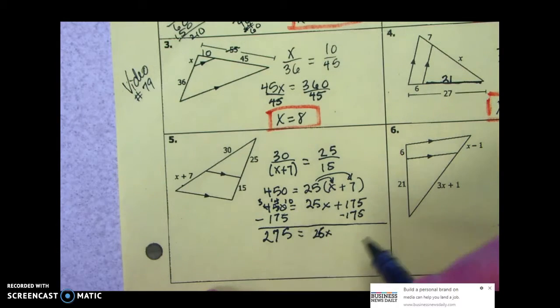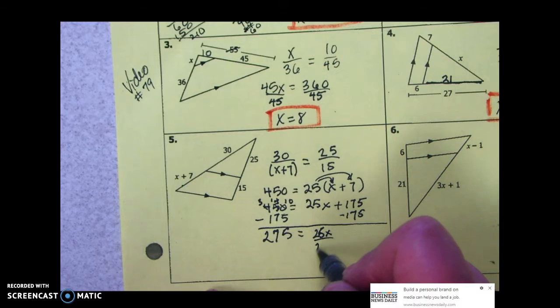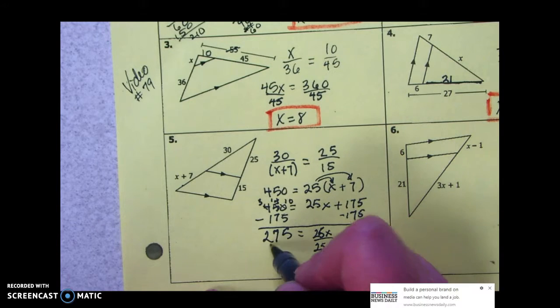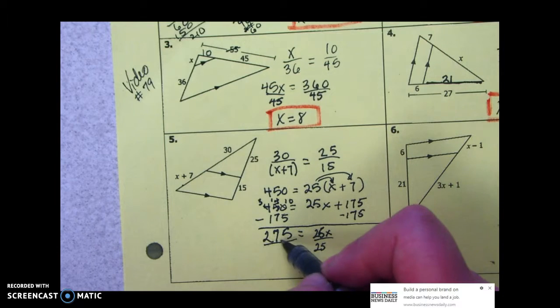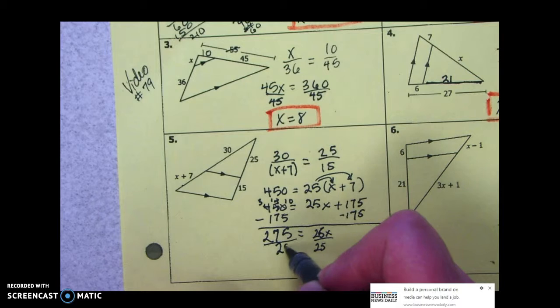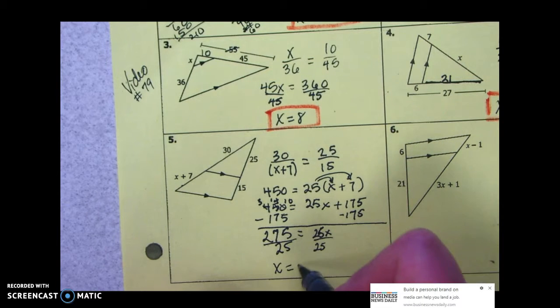And if I have $2.75, how many quarters do I have? Remember, for every dollar, it's 4 quarters. So there's $2, that's 8 plus another 3. So that's going to be x equals 11.